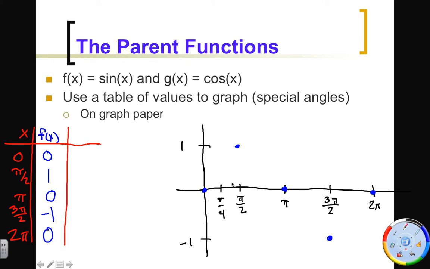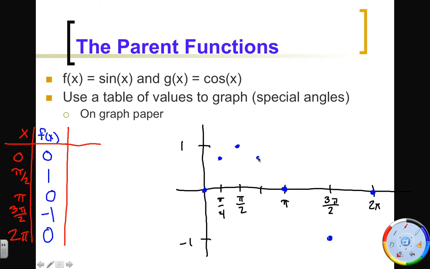If you put in x equals pi fourths, you get root 2 over 2. What is root 2 over 2? 1.4 is like 0.7. So it's actually up here a little bit. It's not halfway up, it's over halfway up. If you go to the other side, 3 pi fourths, it's the same thing.